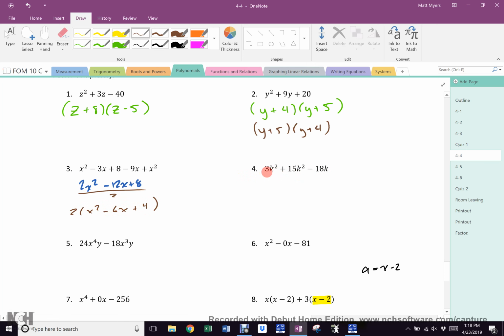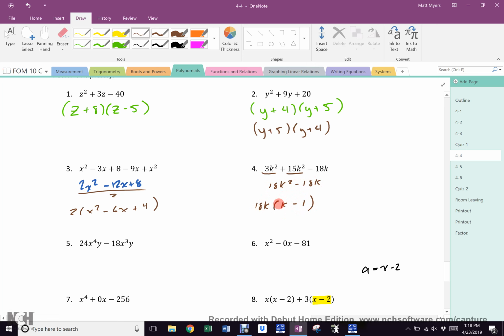Here, this one often messes kids up because they don't notice that k squared and k squared, 18k squared minus 18k. Factor it, of course, you bring out 18k, and that leaves k minus 1. Is that your way of asking me how to do that one, Mr. Myers?